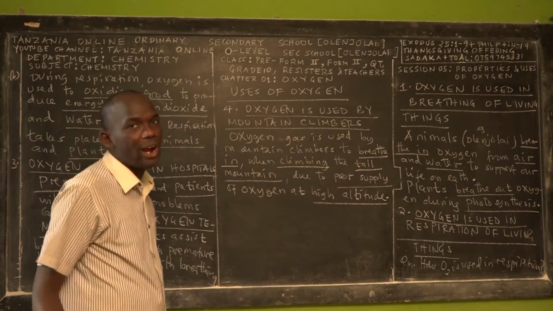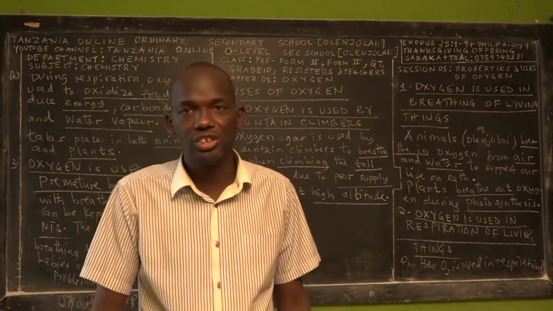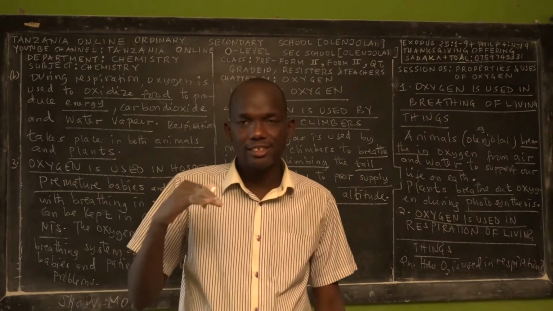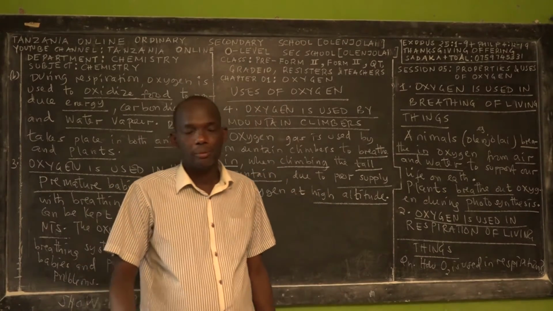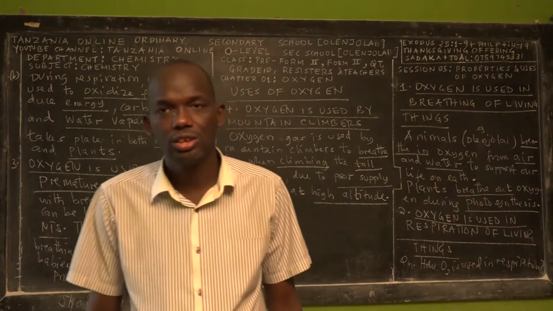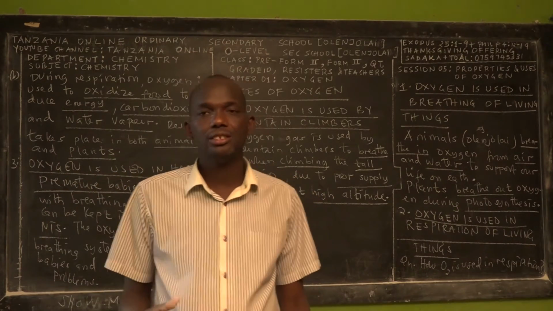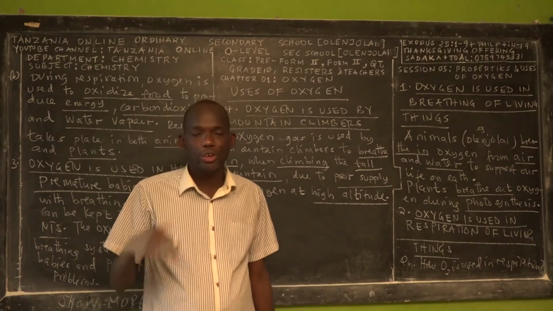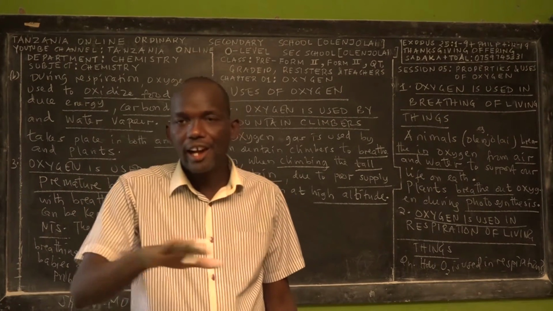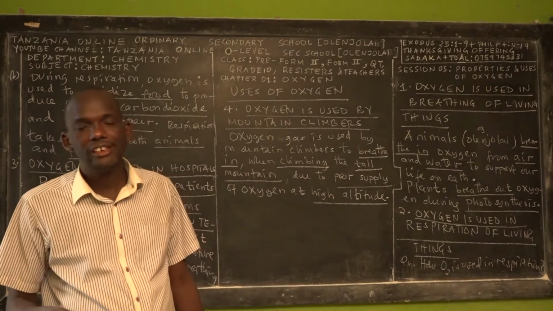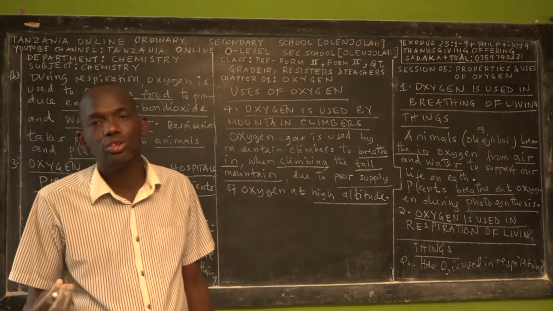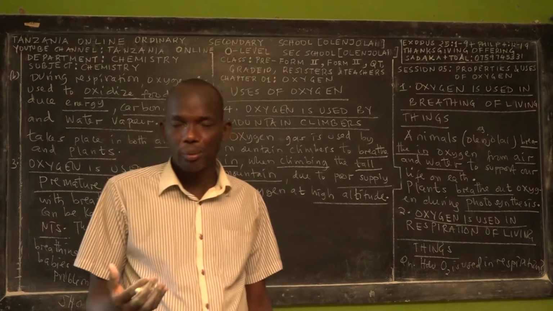Why do the mountain climbers use oxygen when they are climbing a tall mountain? This is a scientific experience, so we can call it a scientific observation. It has been observed that if a human being is breathing at normal sea level, there are no breathing problems due to the environment.